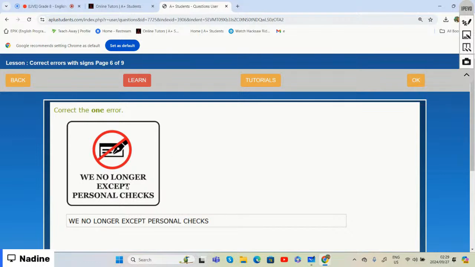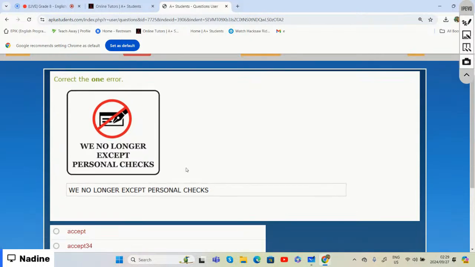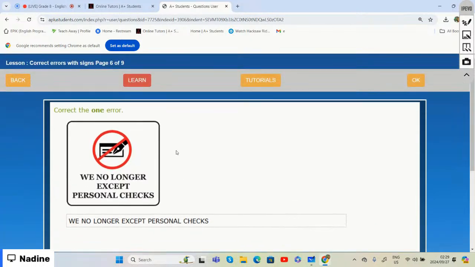All right, it says we no longer accept personal checks. This is an example that we made earlier on.